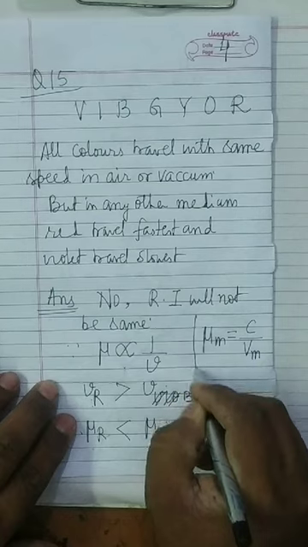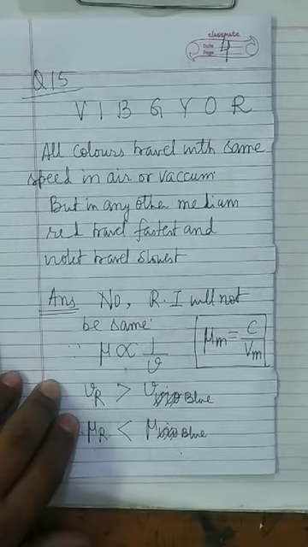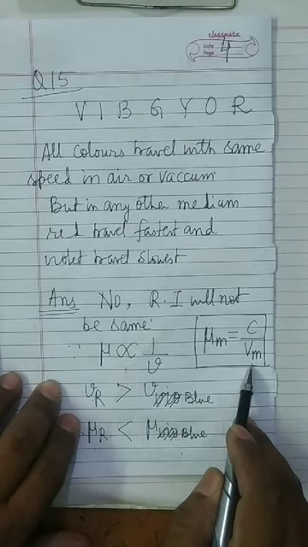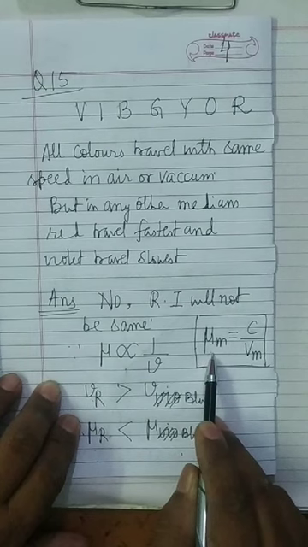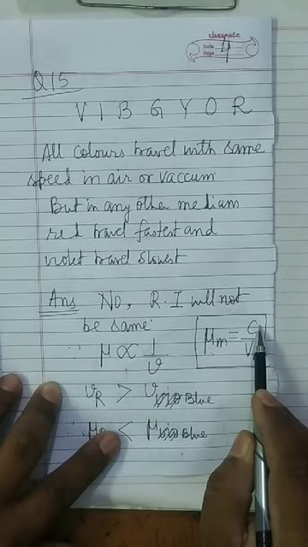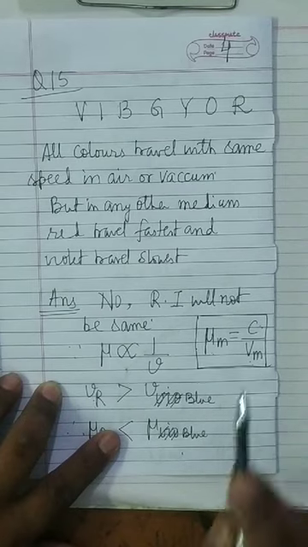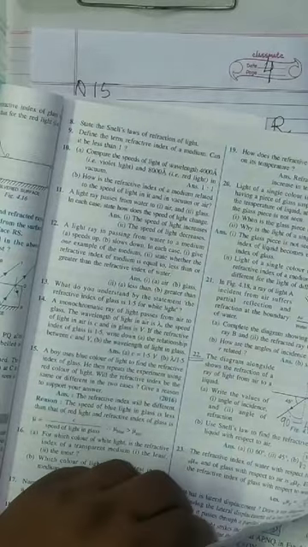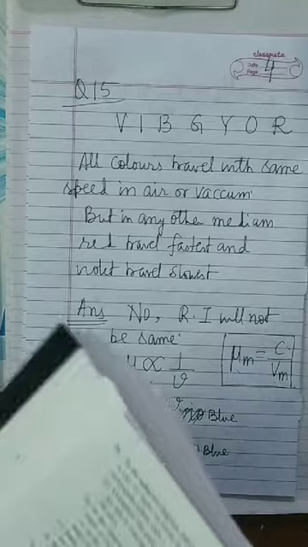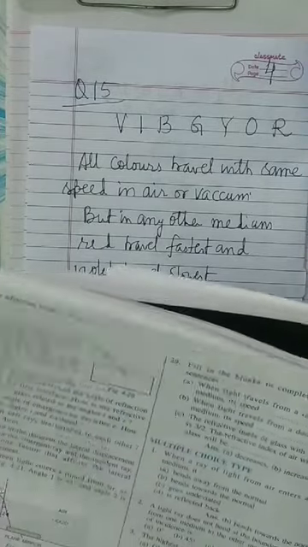The refractive index of any medium with respect to air or vacuum is equal to the ratio of the speed of light in vacuum to the speed of light in that medium. It is clear. Now you do each and every question of this exercise.